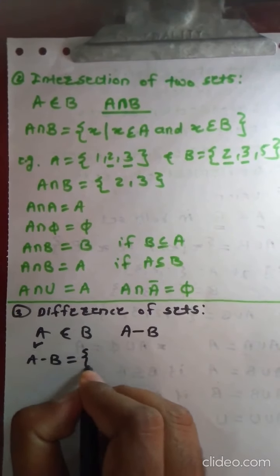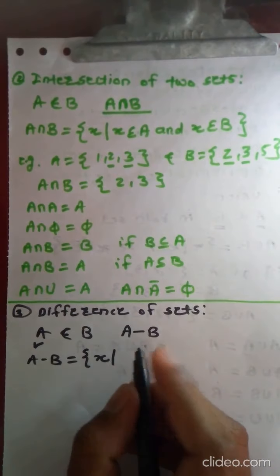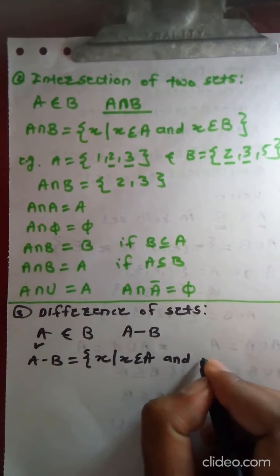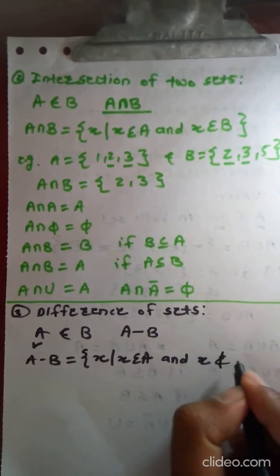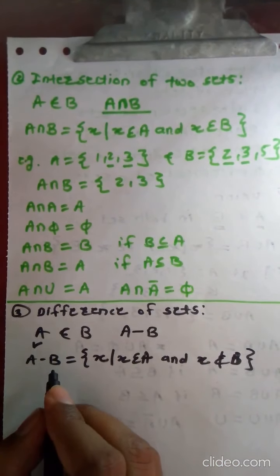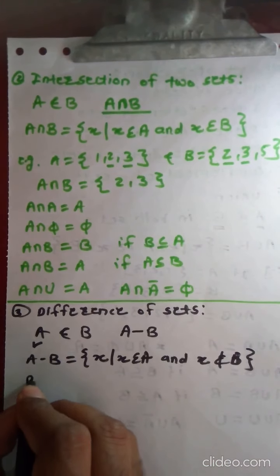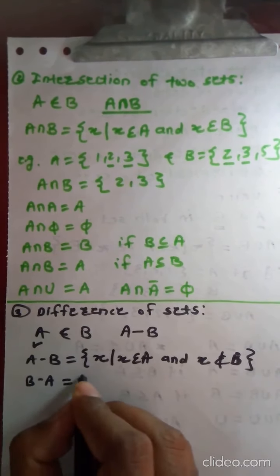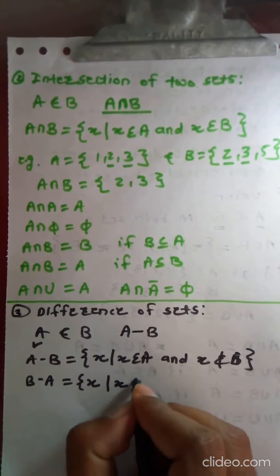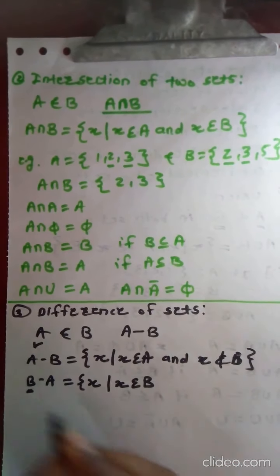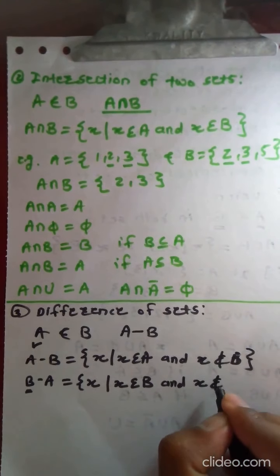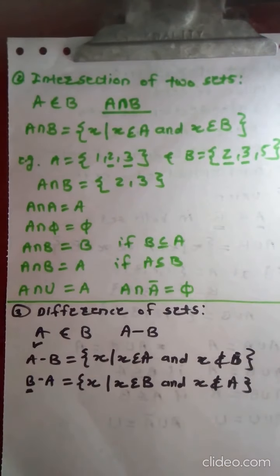opening brace x, such that x belongs to A and x does not belong to set B. This is the case for A minus B. Similarly, B minus A is equal to x, the element such that x belongs to set B, the first set, and x does not belong to A, right?